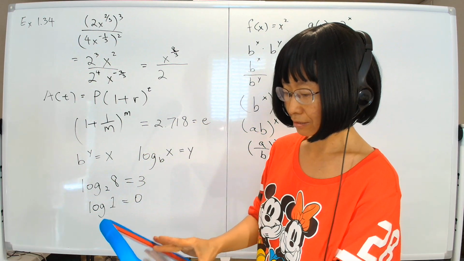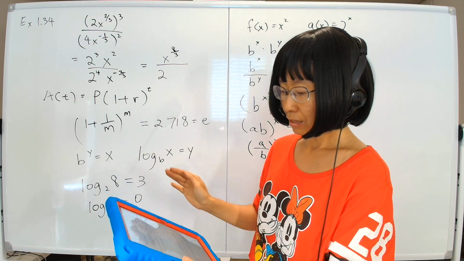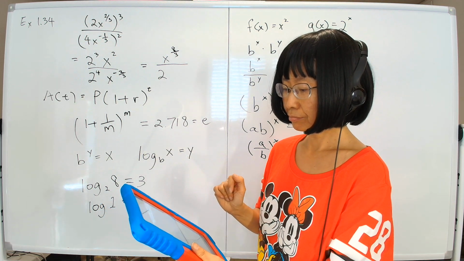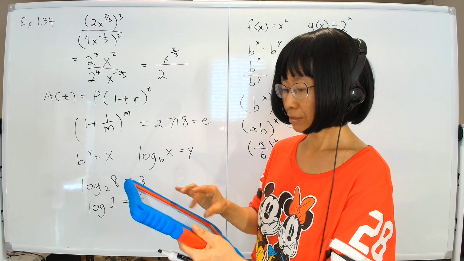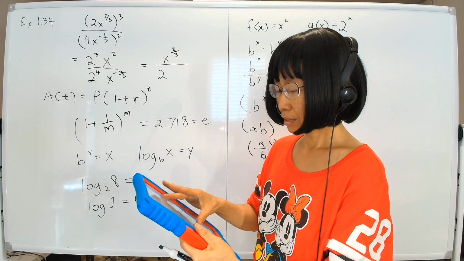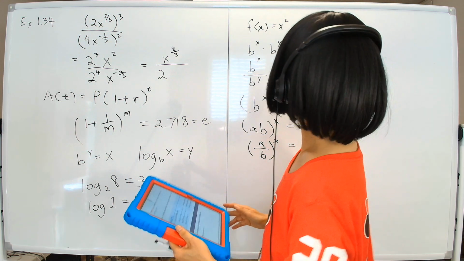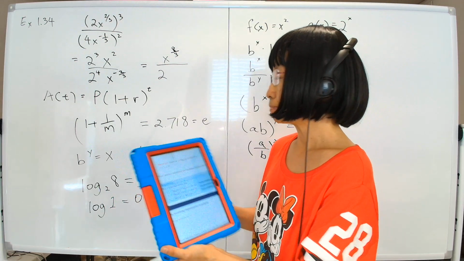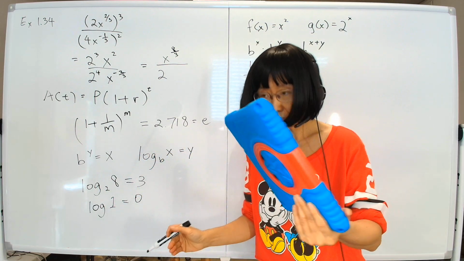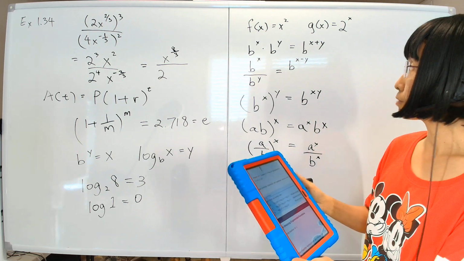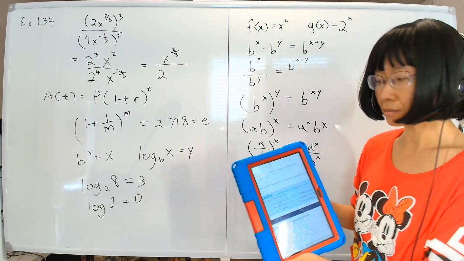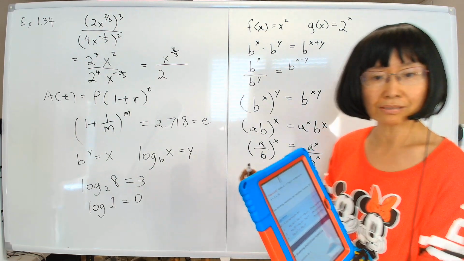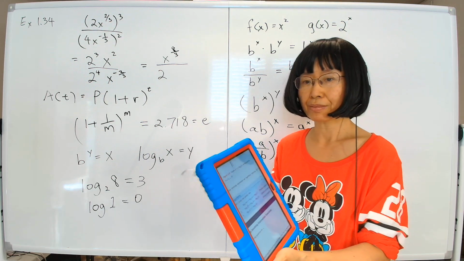Anyway, that's good enough. Move along. Okay, log properties. The logarithm properties come from the exponential properties. They're the same thing described in a different way.